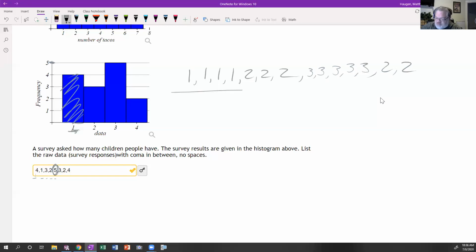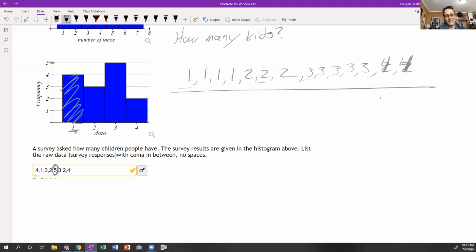So that would have been your raw data. You would have asked how many kids you got, and somebody would have said 1, somebody would have said 3, somebody 2, somebody, why did I put 2s over here? Sorry. That messed you up, didn't it? 2 people said 4. So these were the raw responses.